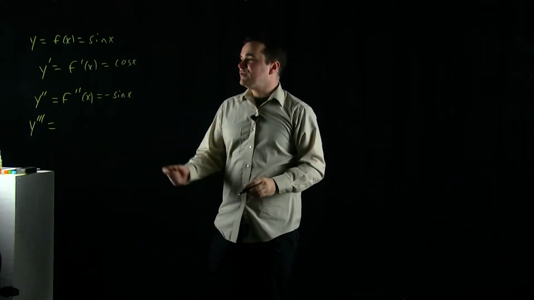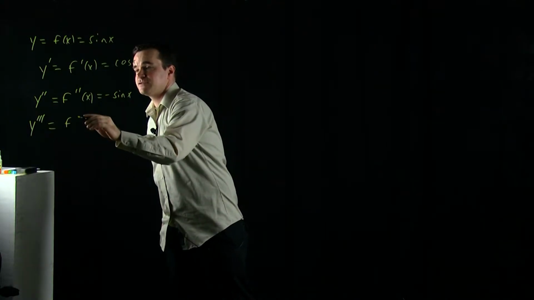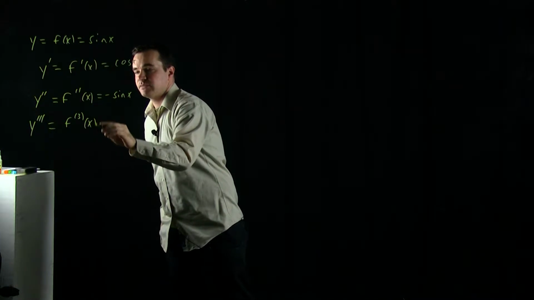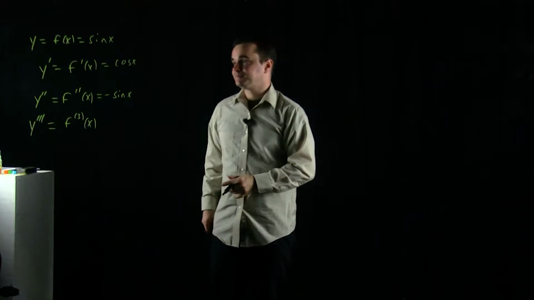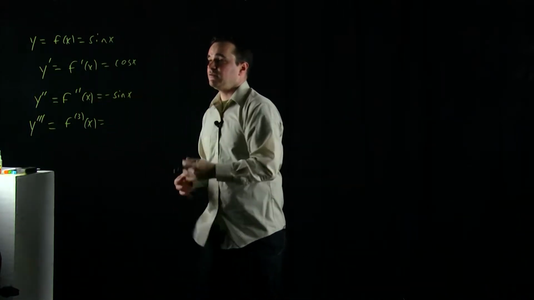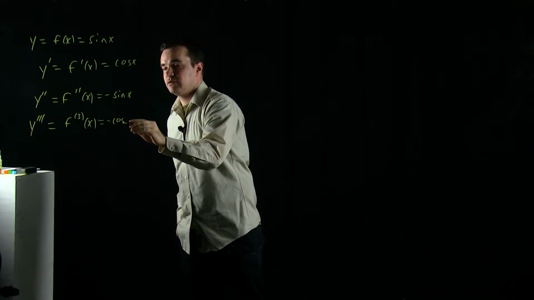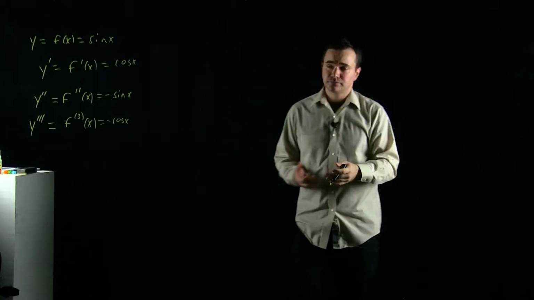Maybe you get tired of writing so many primes, so one thing you'll see is a little superscript, maybe f, 3 in parentheses of x. That's notation for the third derivative. You'll be calculating this by just taking the derivative of the second derivative. The derivative of sine is cosine, so you get negative cosine of x. That's the third derivative of sine.